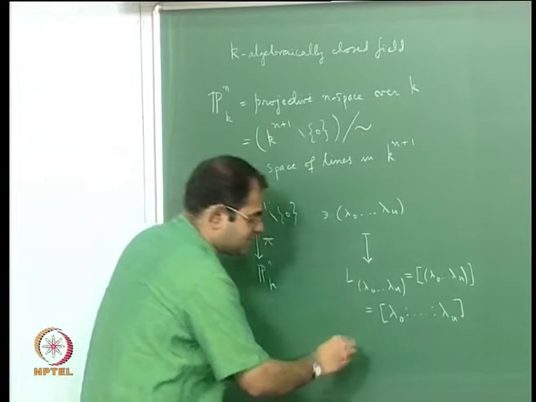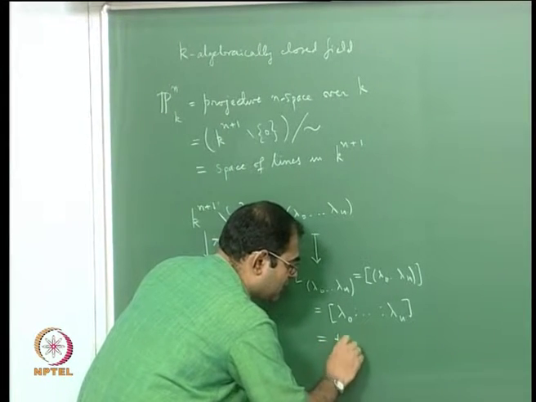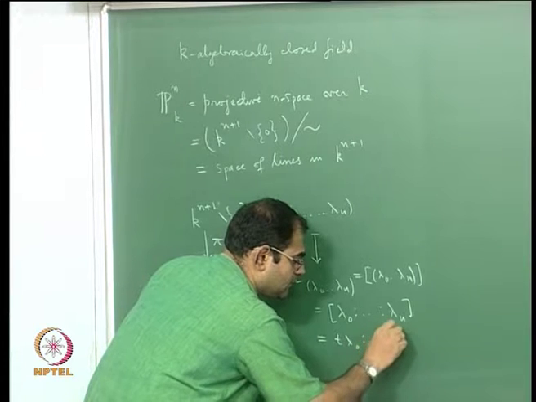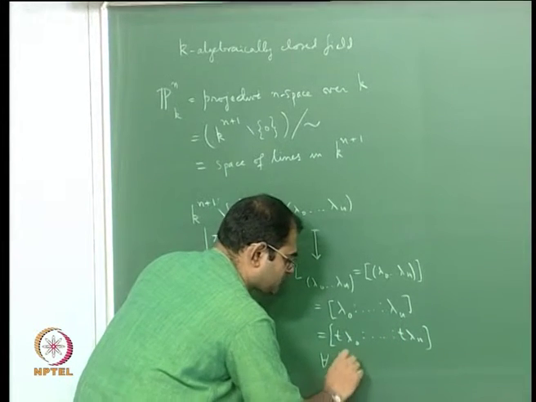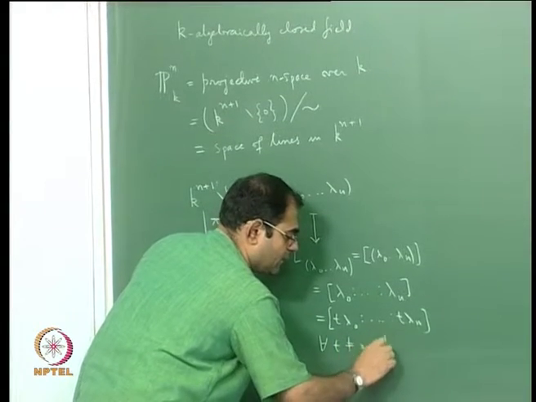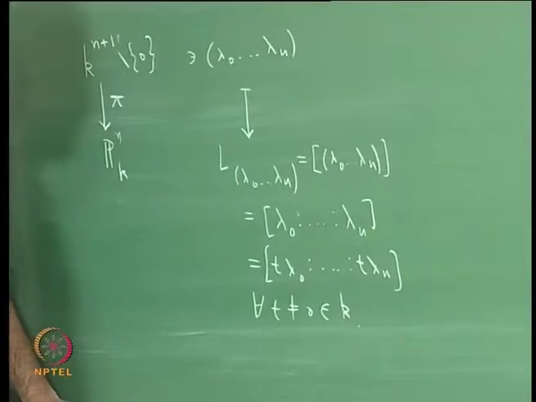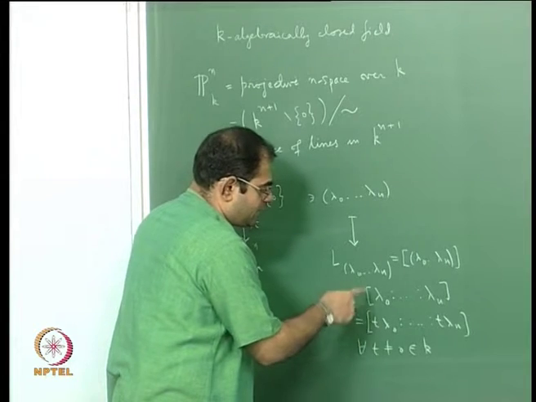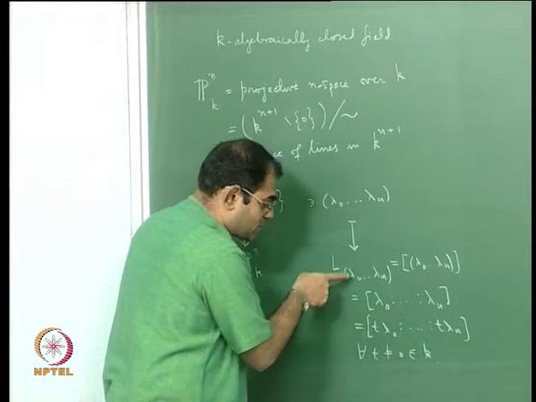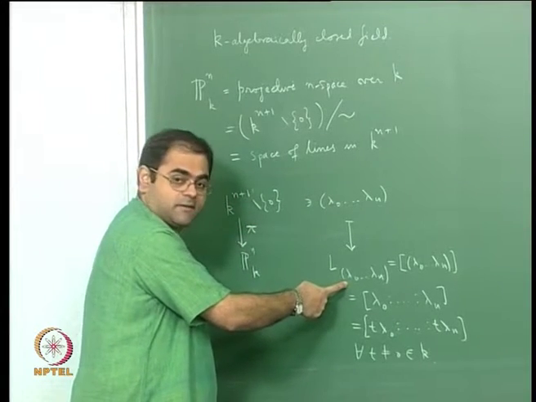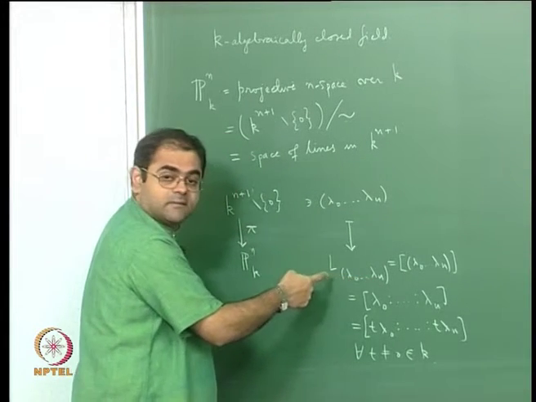So this is the same as [t lambda 0 : ... : t lambda n] for every t not equal to 0 in the field. Okay, so that's because if you take t lambda 0 through t lambda n, that also lies on the same line joining lambda 0 through lambda n through the origin.